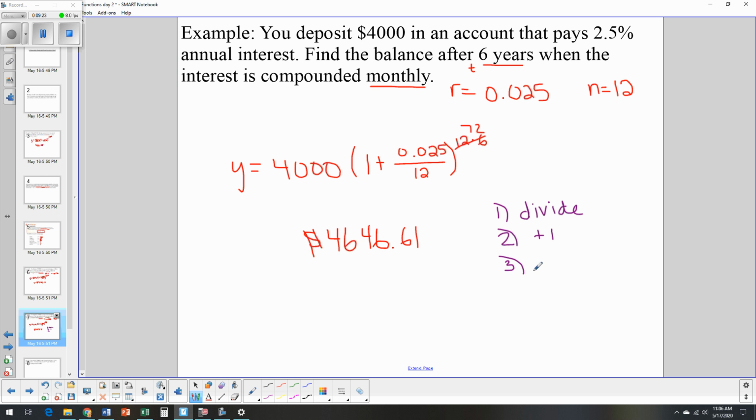Then we raise it to the nt, whatever that number is. Then we multiply, I'm going to use that asterisk sign, by P. So those are the steps. We divide that first, then we hit plus 1, then we raise it to that nt number, and then we multiply it by the P.